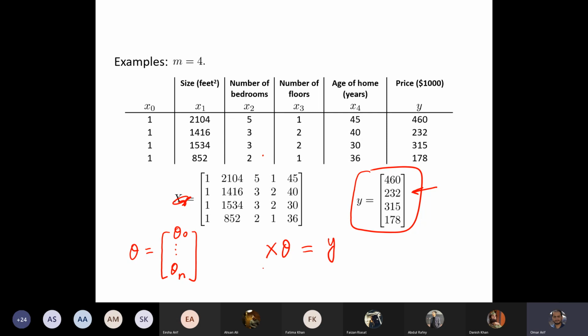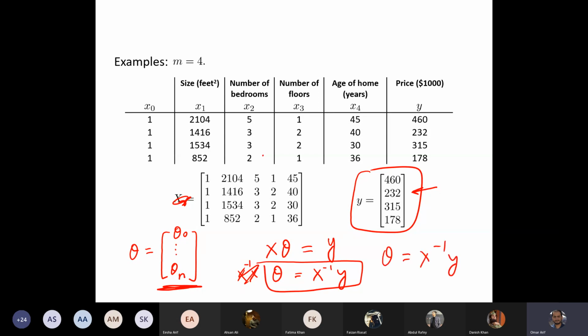So now I have an equation. X theta is equal to y. This is a linear equation with theta as the unknown. I can compute theta by multiplying by the inverse on both sides, x inverse y. This is going to give me the identity. So I am left with the equation theta is x inverse y. Since the x matrix is not square, I need to compute a pseudo inverse.